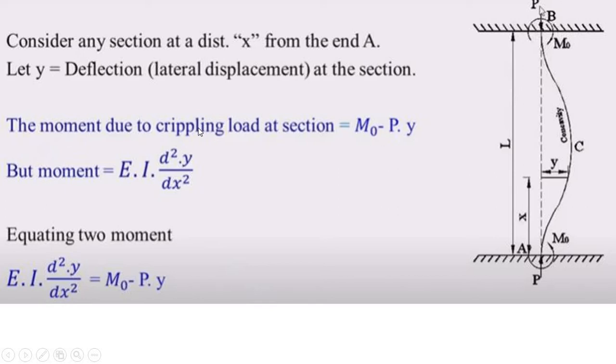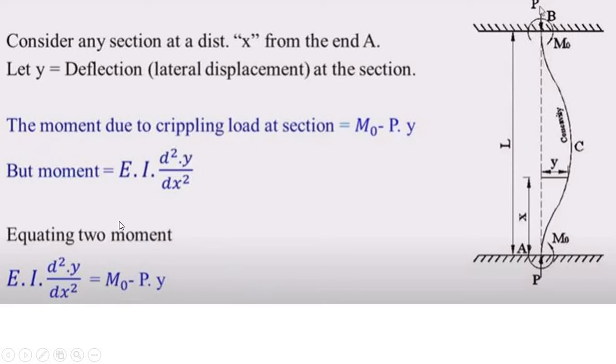So the moment due to the crippling load at the section we have selected is equal to M0 minus Py. But we have another expression for moment, which is equal to EI into d square y by dx square. So we got two expressions for moments.